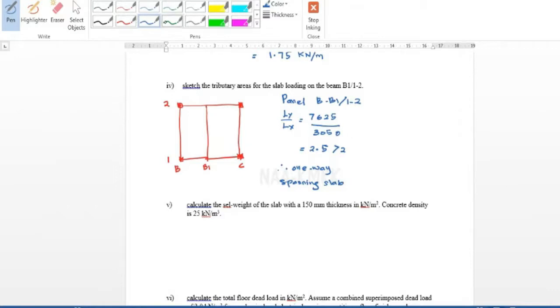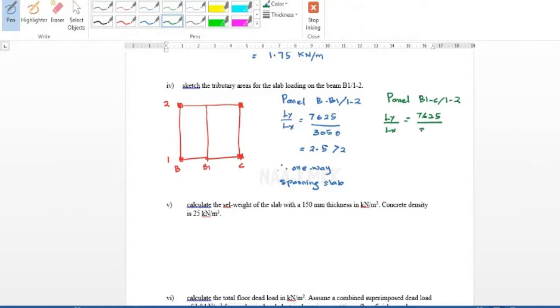Next we have panel B1, C, 1, 2. Again, take the Ly and Lx. Ly for panel B1C12 is the same as panel B, 7625, and it is different for the Lx.